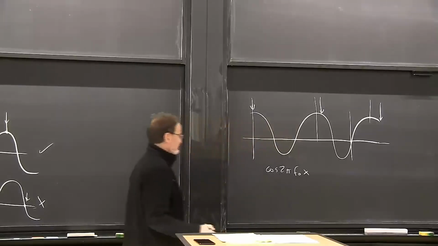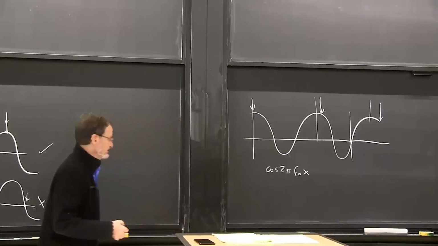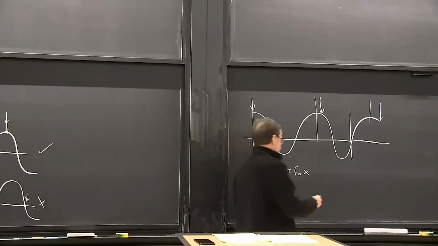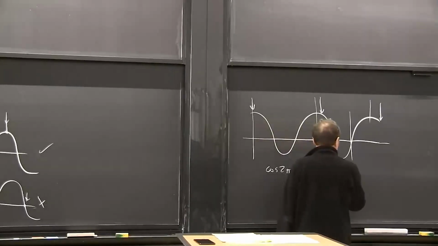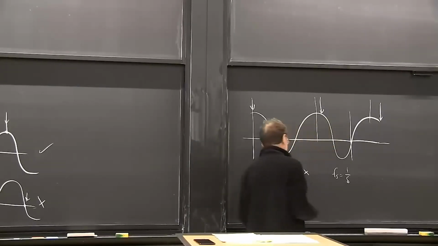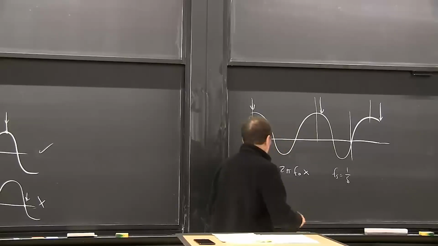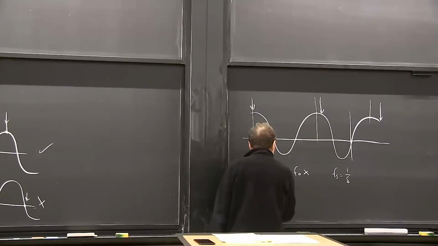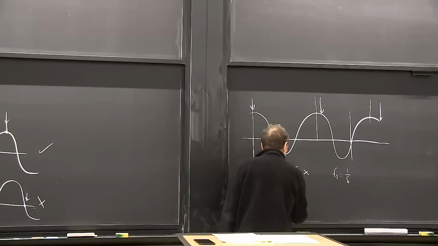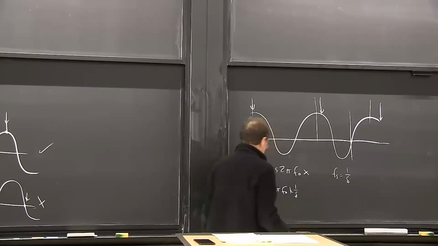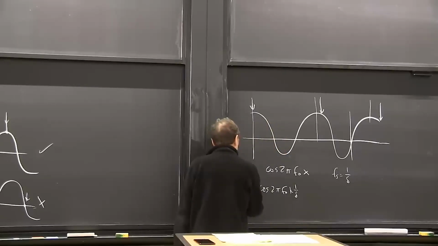In the spatial domain, we have a waveform with frequency f0, and suppose that we're sampling at some interval 1 over delta. And so the samples we're going to get are cosine 2 pi f0 k 1 over delta. Right, so these are our samples.